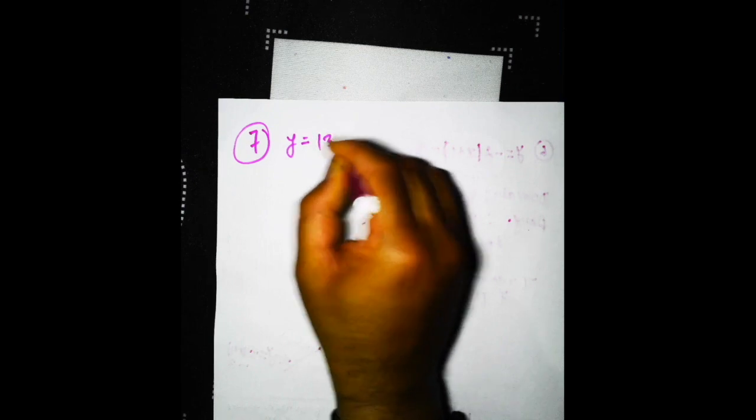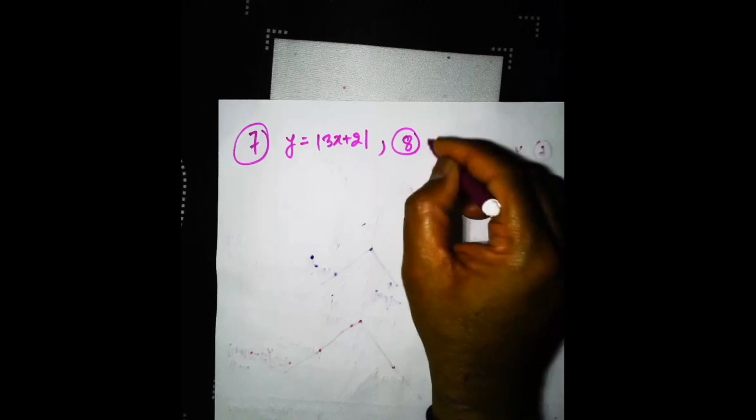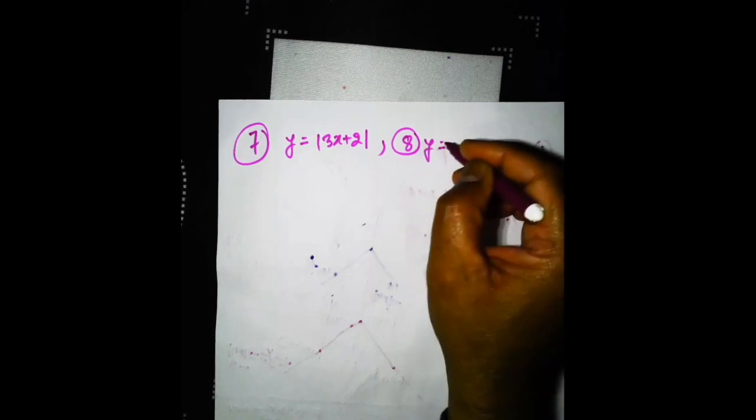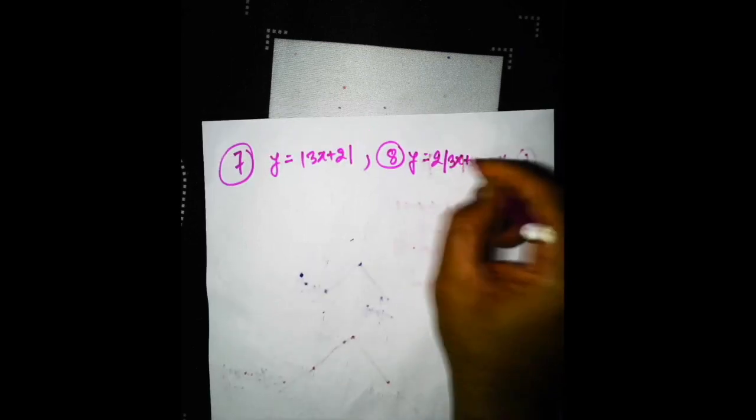You can try question number 7, y equals 3x plus 2. Question number 8, you can try y equals 2 times (3x plus 2) plus 1.